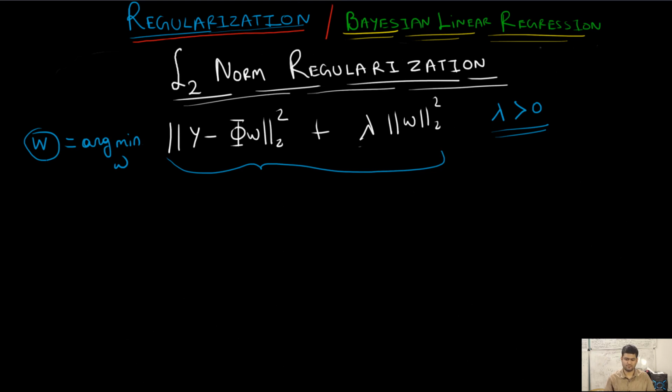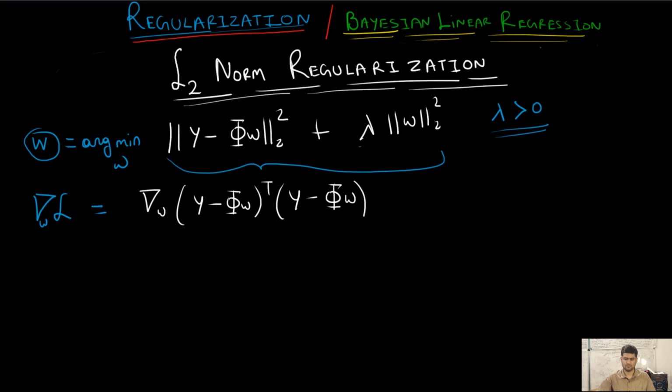So the gradient of the objective function, or the loss function, with respect to w is the gradient with respect to w of (y minus phi w) transpose (y minus phi w), plus the gradient with respect to w of lambda times w transpose w. Here we just use the definition of the norm, which is w transpose w, and the definition of the L2 norm squared.